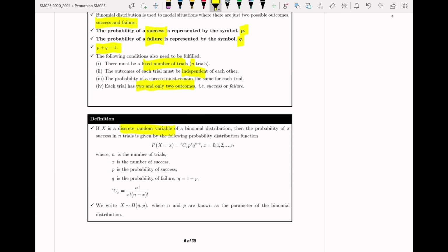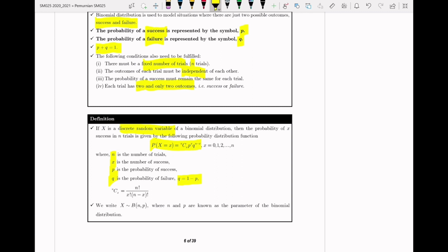The formula is P(X = x) equals nCx times p to the power of x, q to the power of n minus x, where n is the number of trials, x is the number of successes, p is the probability of success, q is the probability of failure, which is 1 minus p. And nCx is equal to n factorial over x factorial times n minus x factorial, or we can just use a calculator.